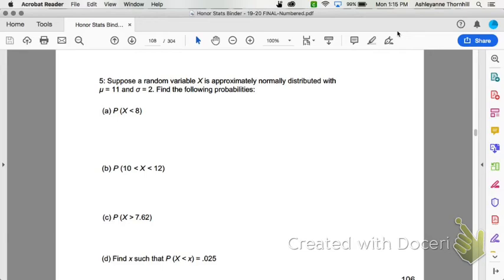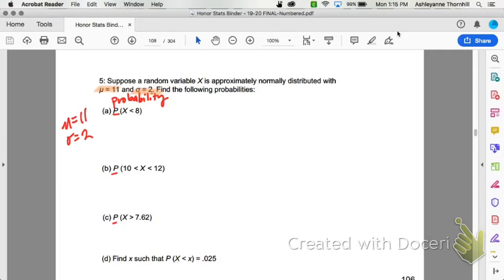Whenever you see that P in front, that stands for probability. So find the probability that X is less than 8, given that you have a mean of 11 and a standard deviation of 2. So if it's asking for a probability of something, I use which calculator function?